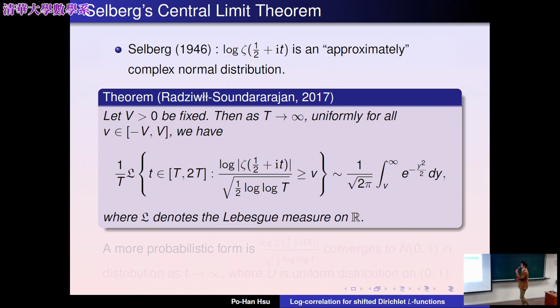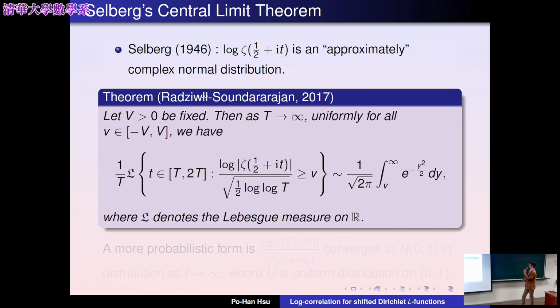So it says you fix the little v, and also you fix capital T initially. So you have an interval T to 2T, and this is Lebesgue measure. Now you pick some t randomly over this interval. You plug into your Riemann zeta.